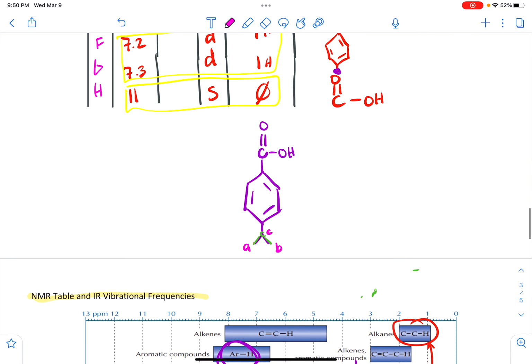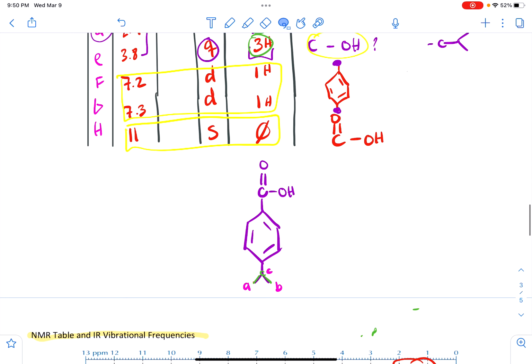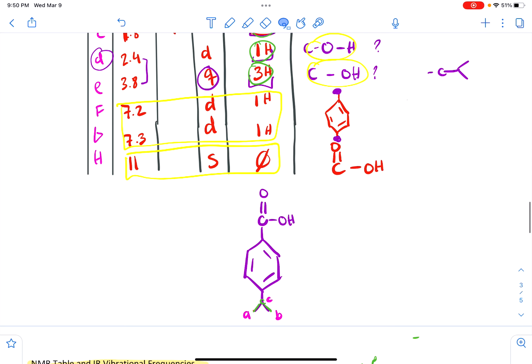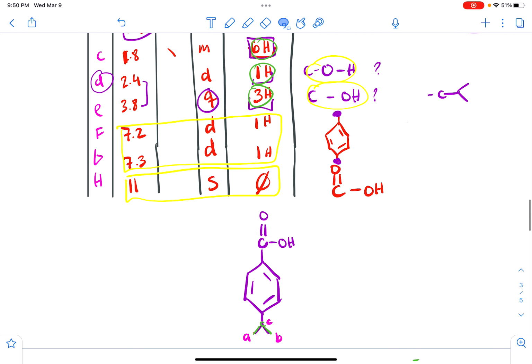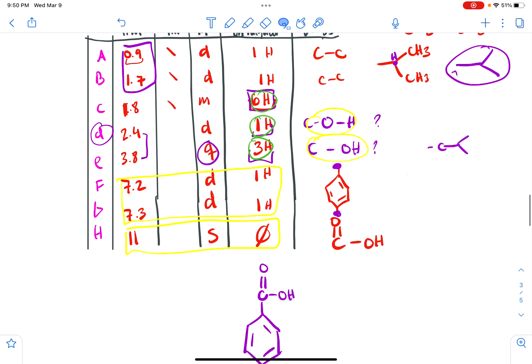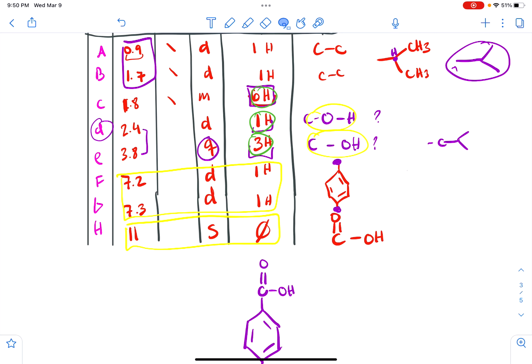So we're going to take a look at that right here. We're going to have our 2.4, our doublet and our 1 hydrogen.